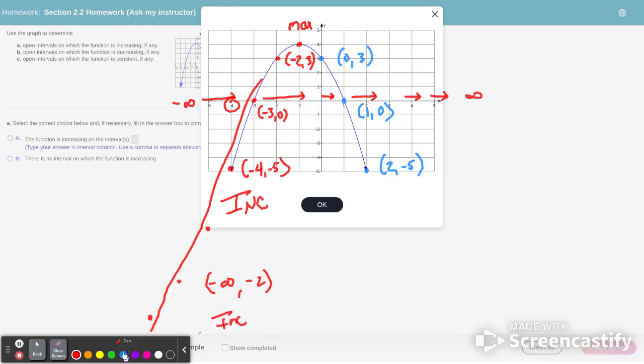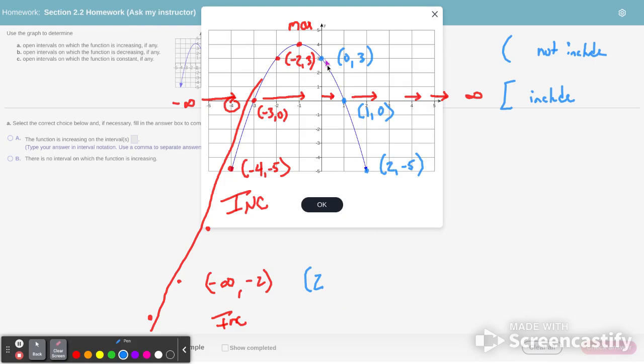And then we go to my decreasing interval. So when I pick up at the maximum, I'm not including that point. Remember we talked about how a parenthesis means not including, and a bracket means to include. So we're using a parenthesis when we're starting at the maximum but not including it.